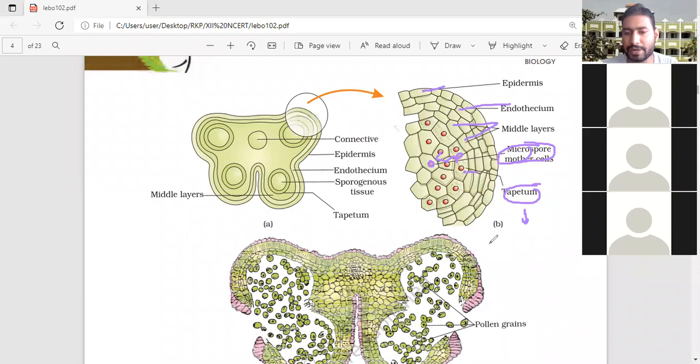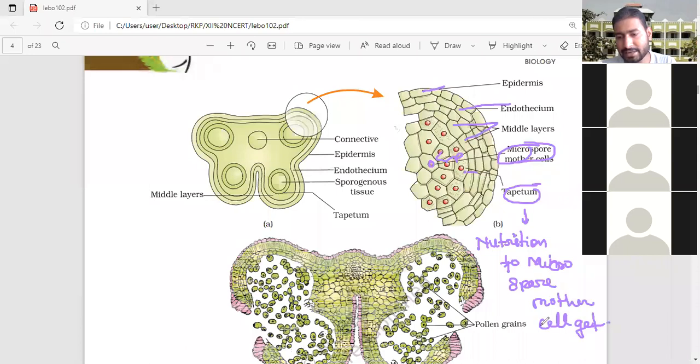First, according to function, tapetum provides nutrition to the microspore mother cell. The microspore mother cell gets nourishment from the tapetum. So tapetum is the nutritive layer.